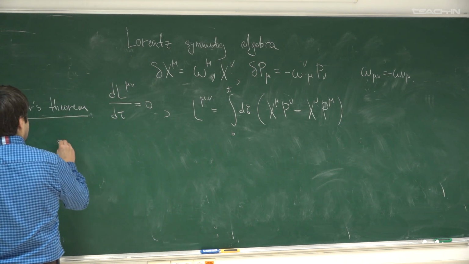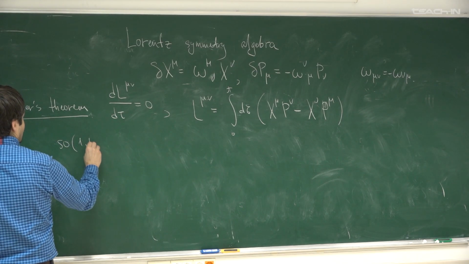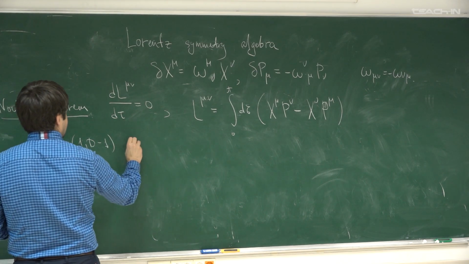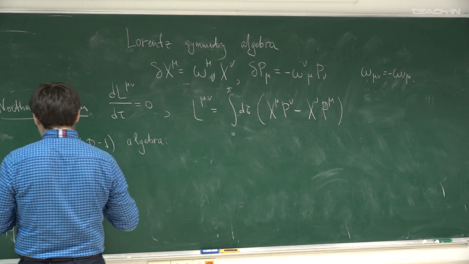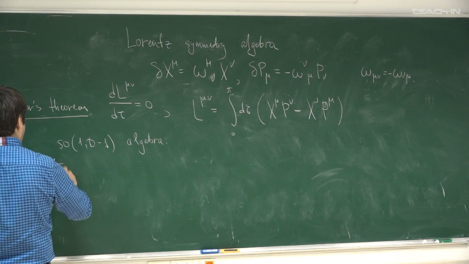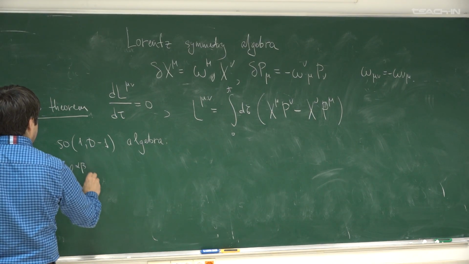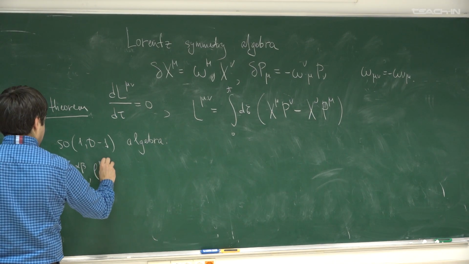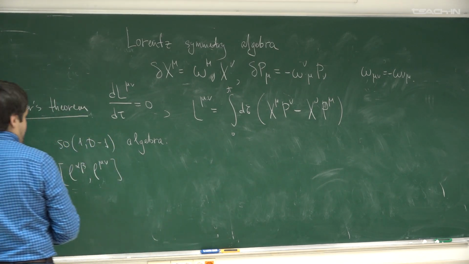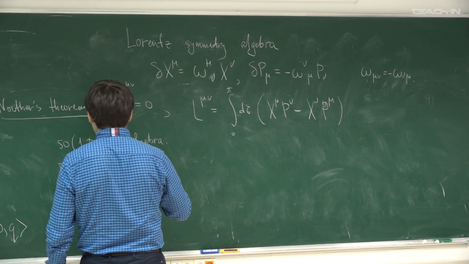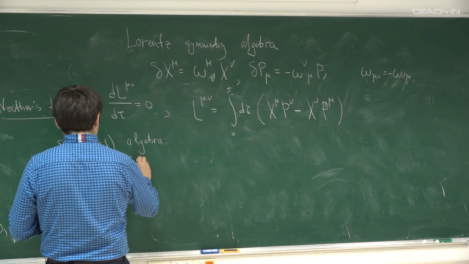So the d minus 1 algebra looks as follows.